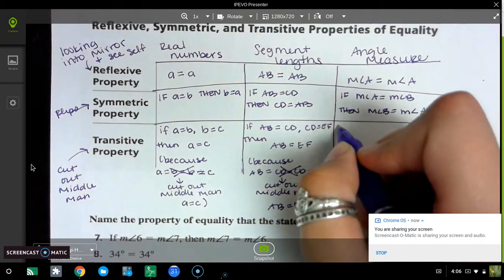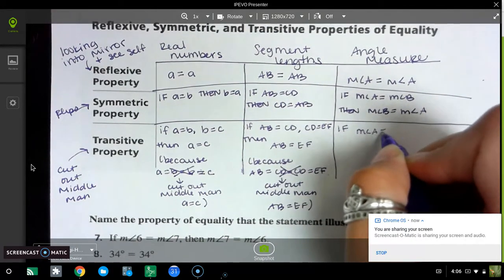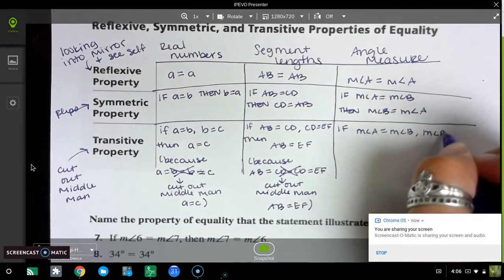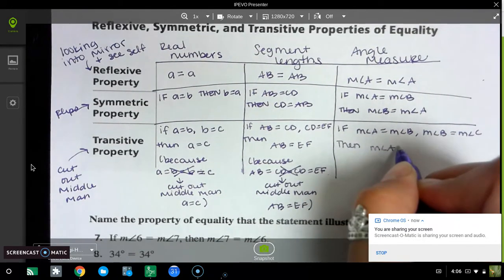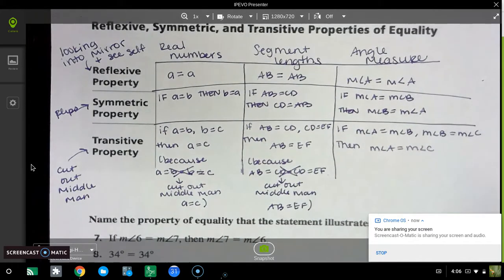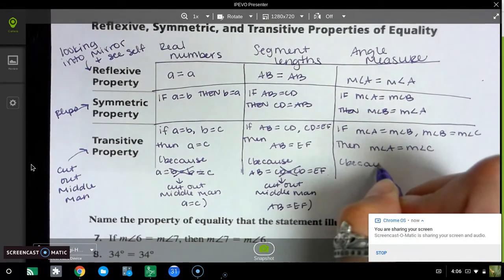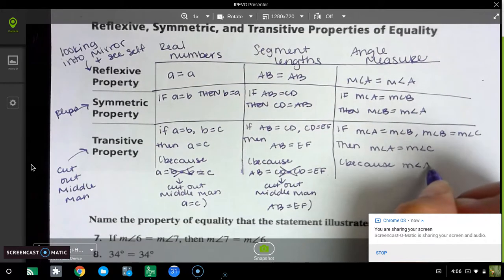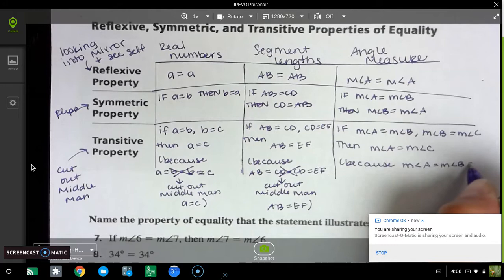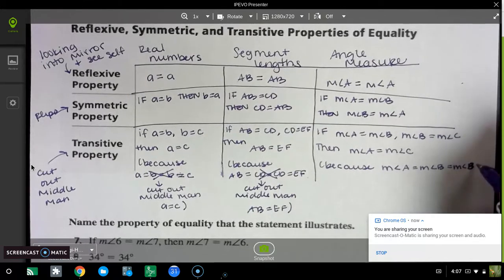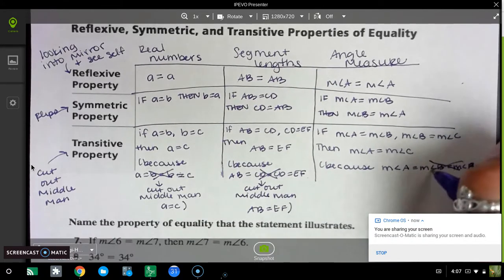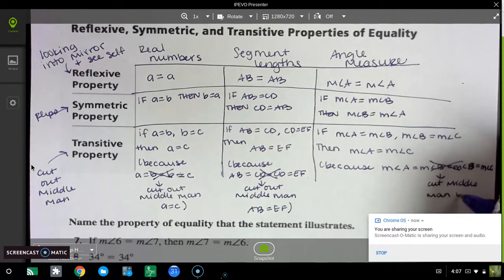Angle measurements. If measure of angle A equals measure of angle B, measure of angle B equals measure of angle C. By the transitive property, then we know measure of angle A is equal to measure of angle C. This is because measure of angle A equals measure of angle B, which also equals itself, B. Which equals, we know from right here, measure of angle C. Cut our middleman out.